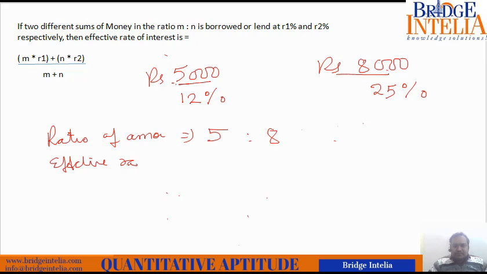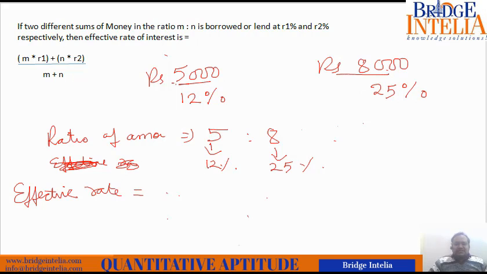What is the effective rate? So the corresponding rate is, for 5000 it is 12%, and for 8000 it was 25%. So the effective rate is given by weighted average. So 12 into 5 plus 25 into 8, whole divided by 5 plus 8.